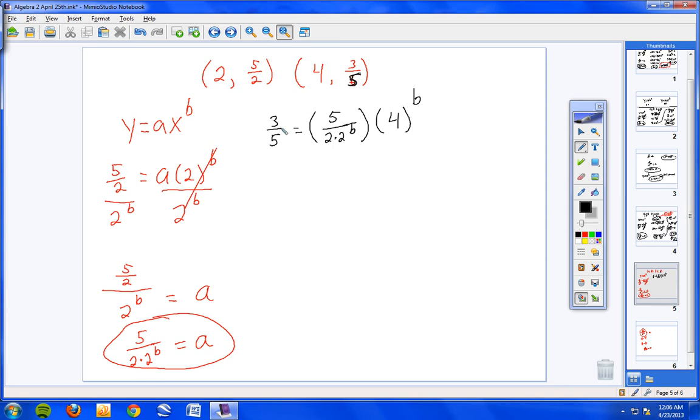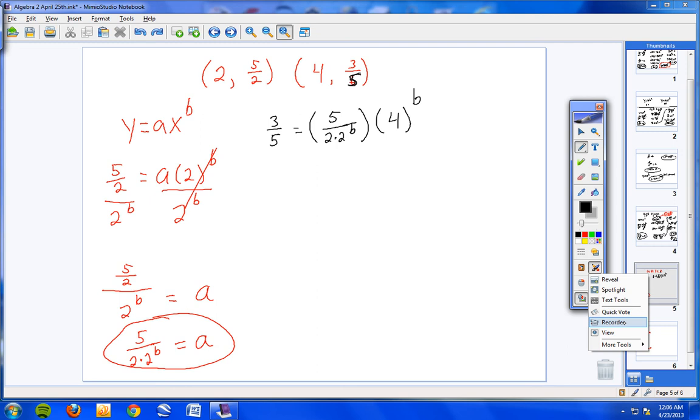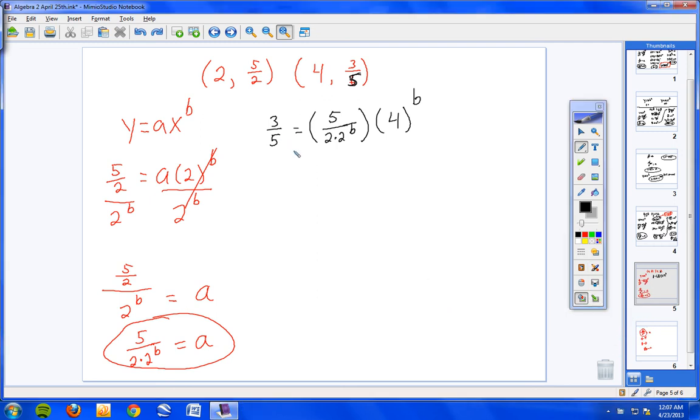So let's review. Where the y is, I substitute 3/5. Where the a is, here's what a equals. A equals this right here. So I substitute that in for a. And then for my x, I brought down my 4 to the b power. Okay, now let's not lose sight of the trees for the forest here.